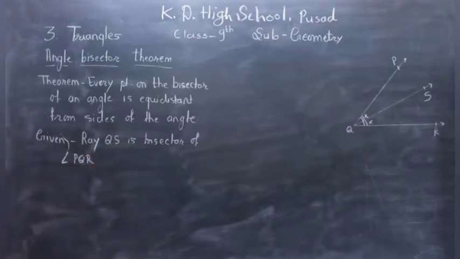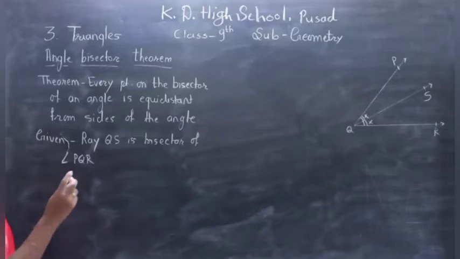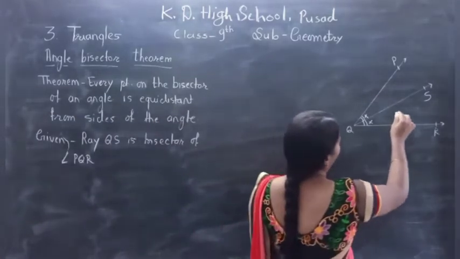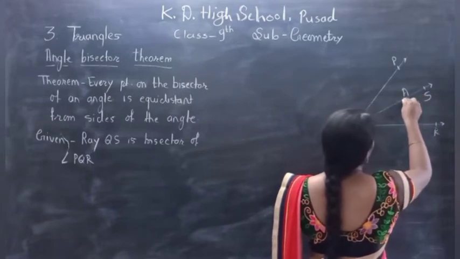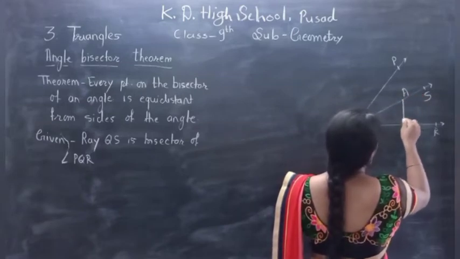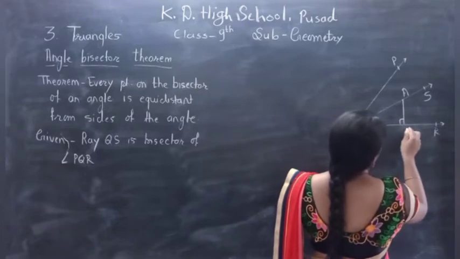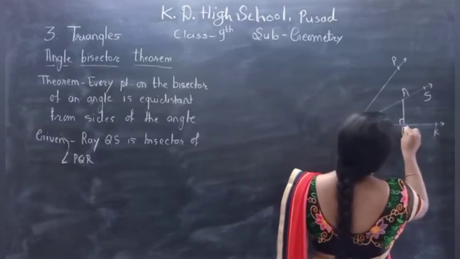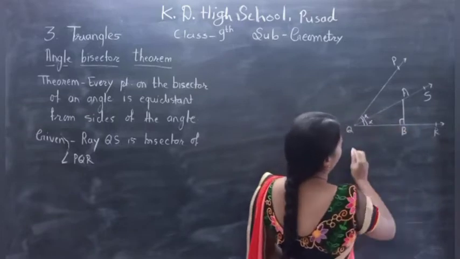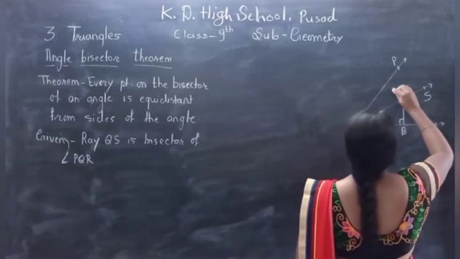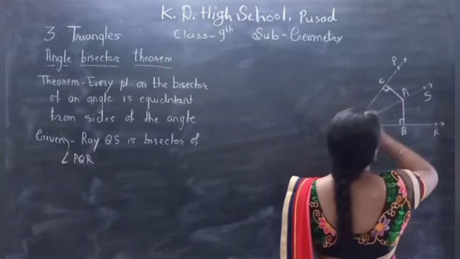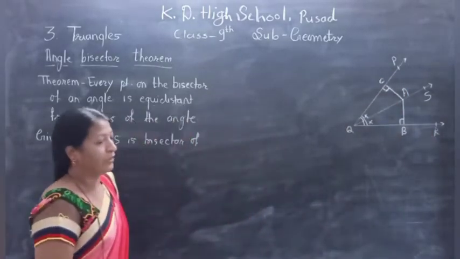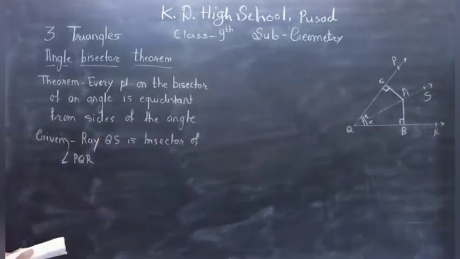Now one more thing, that point A is the point on the ray QS. We have to use one of the points A, which is present on the ray QS, and draw a perpendicular AB perpendicular to QR and AC perpendicular to PQ.